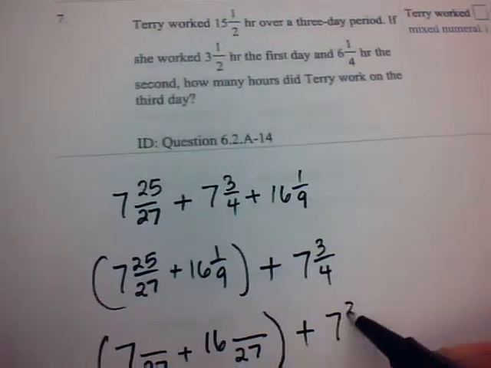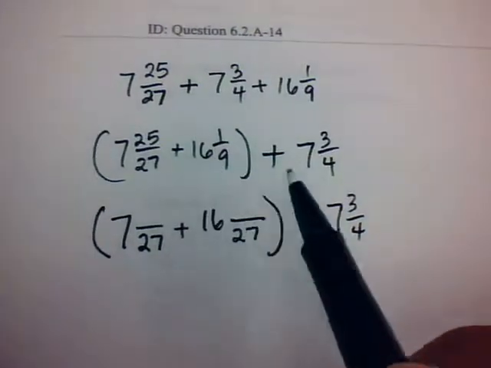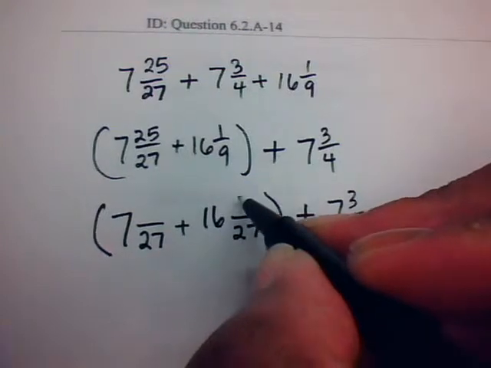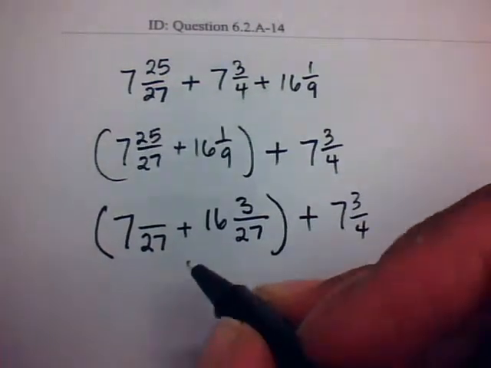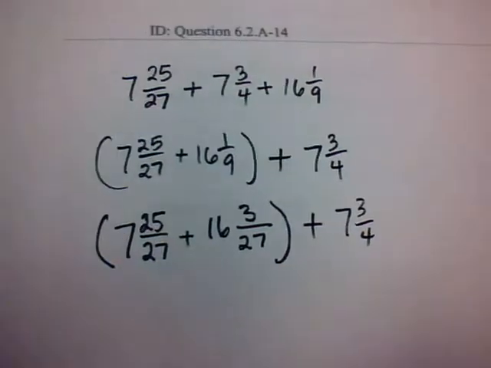Then I'm going to bring down the 7 3/4. Now I'm going to write an equivalent fraction for 1/9 with a common denominator of 27, which will be, in this case, 3 over 27. And the 25 over 27 stays the same.